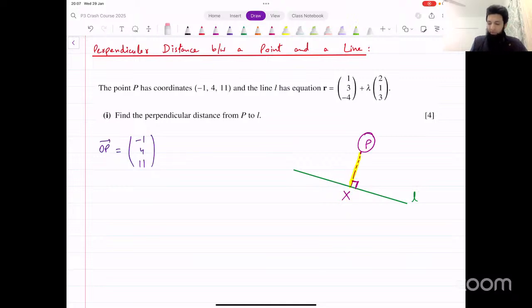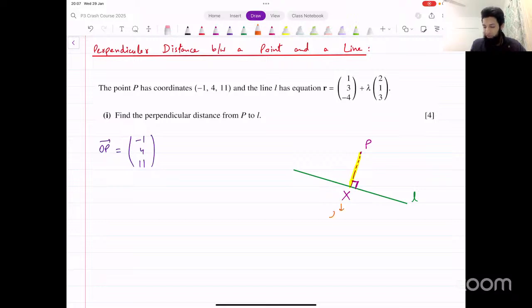So the problem is, how do we find this point X where you have this perpendicular? That's the main problem. How do you find this point X on the line where P is making a perpendicular? Now there's a name that you have for this particular point, and the questions often refer to this name as well. You should know this.